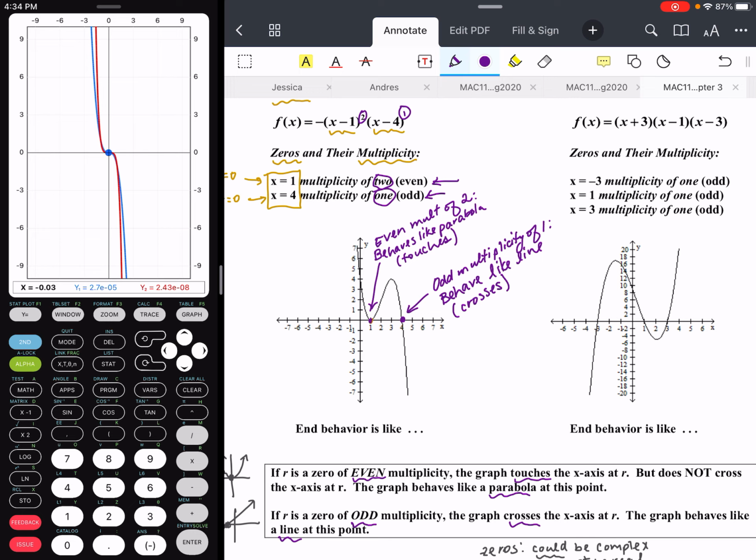Okay, and by the way, bonus points down here, the end behavior. If we were to look for that leading term, we'd have f of x, or y, equal negative, and then we'd have an x squared from that first set of parentheses, and then we just have x. So multiplying this out, negative x cubed.